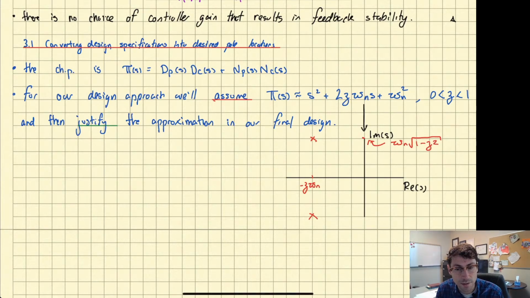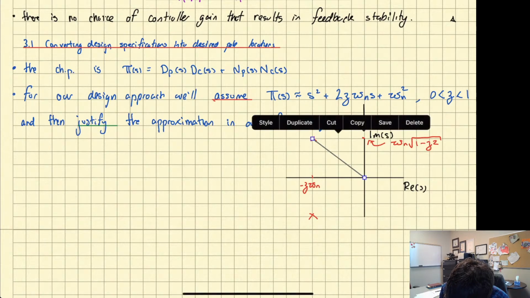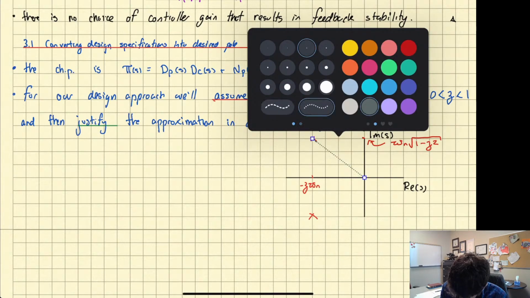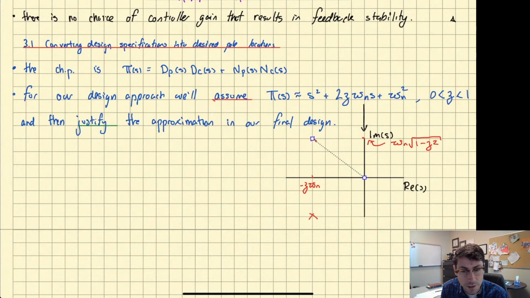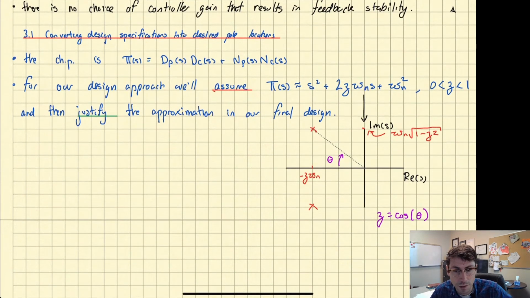This was the square root of 1 minus zeta squared, the imaginary part. And this angle was theta. Okay, so this is the stuff that we did in chapter 2.